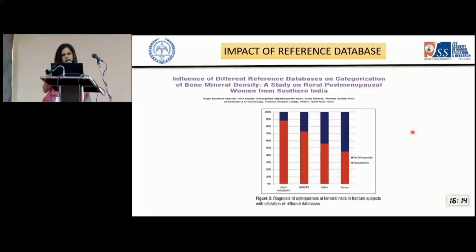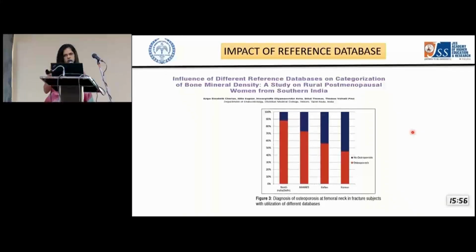Another study, again published by Kripa ma'am, looked at the database that was available from North India. The North Indian database was used to see what impact it makes compared to the Enhanced database.